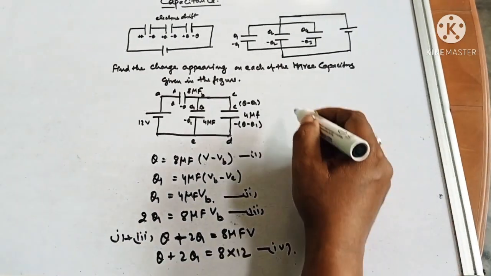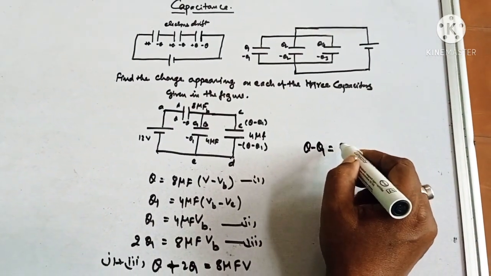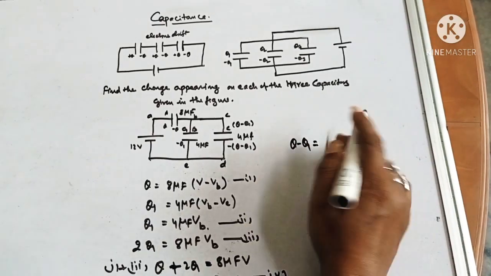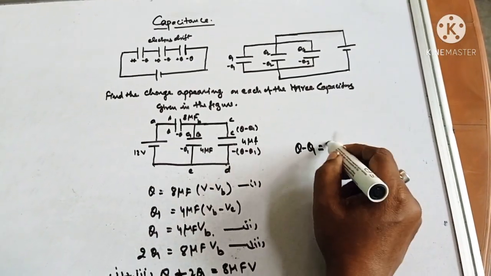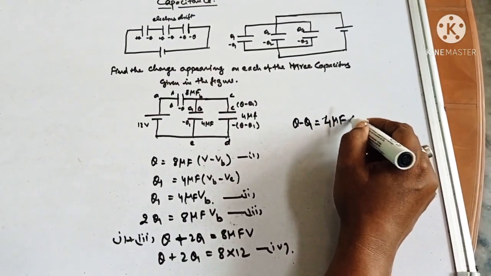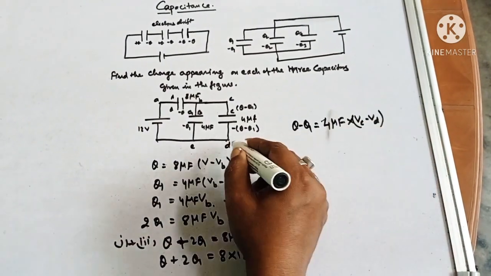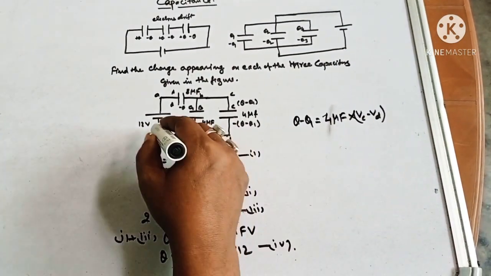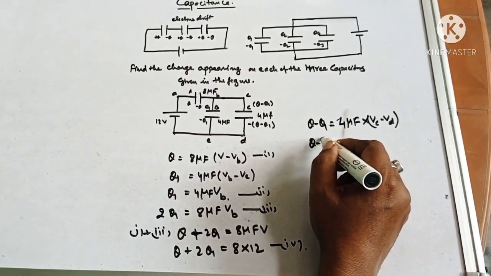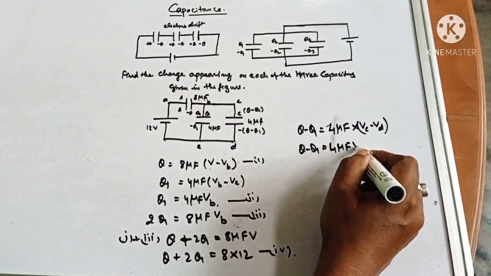Now let me see another, that is Q minus Q1 equals CV again. Here this is 4 microfarad into VC minus VD. Here you see VD is 0 potential, so I have considered this as 0 potential, and so Q minus Q1 is 4 microfarad VC.